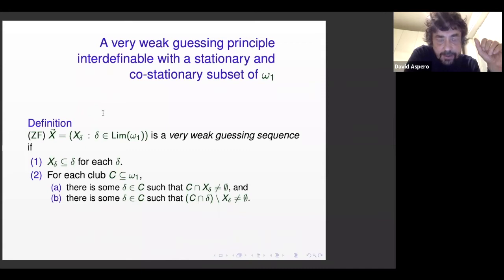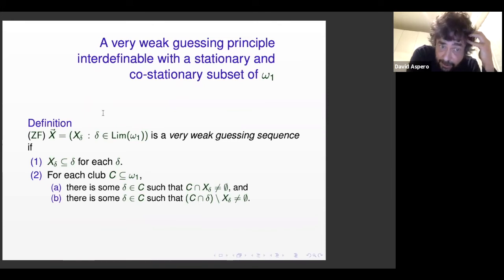Look at this principle: you have a sequence X delta, for delta a limit ordinal below omega one, where X delta is a subset of delta, and given any club C of omega one, there is some delta in C such that C intersection X delta is non-empty, and also some delta in C such that C intersection delta has non-empty intersection with the complement of X delta.